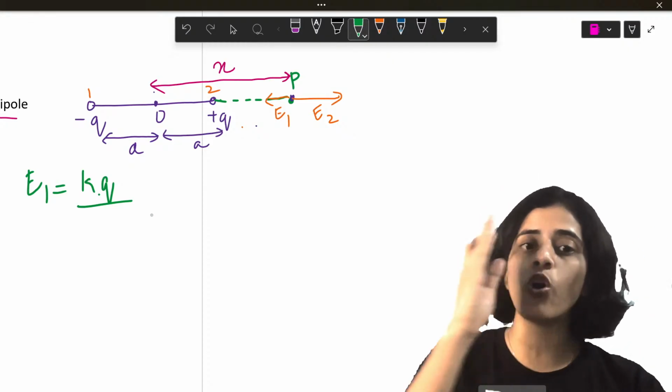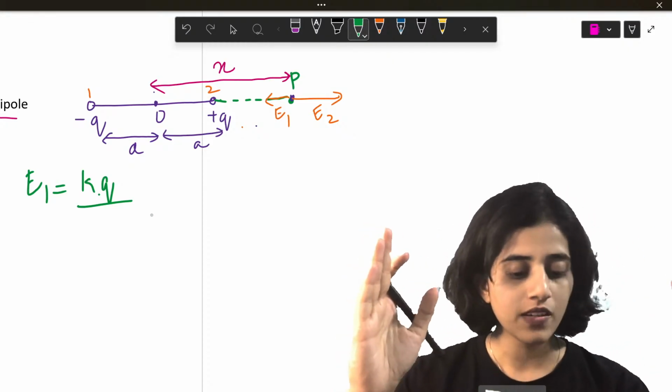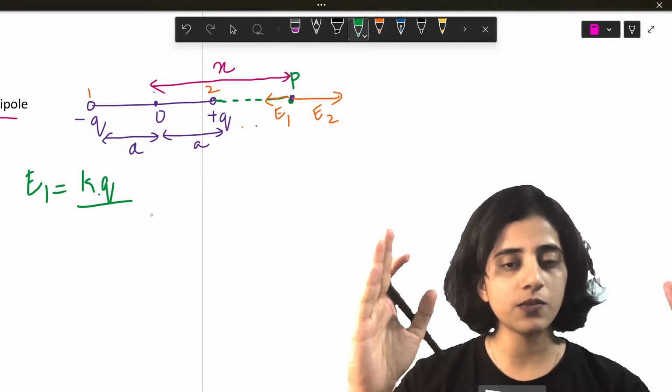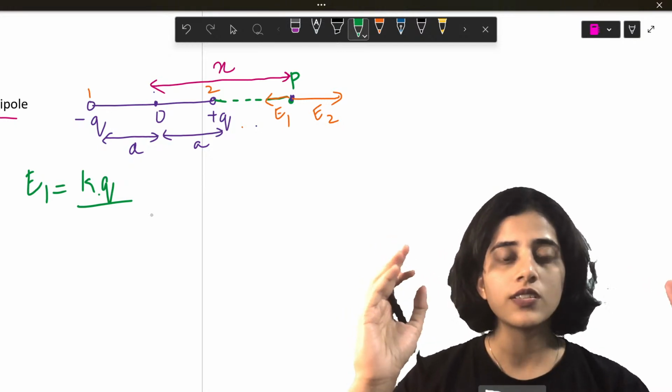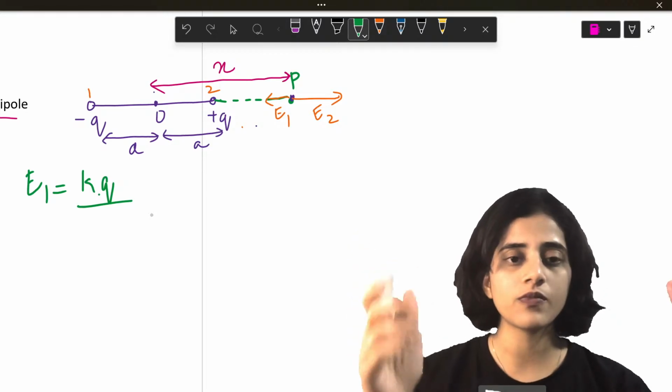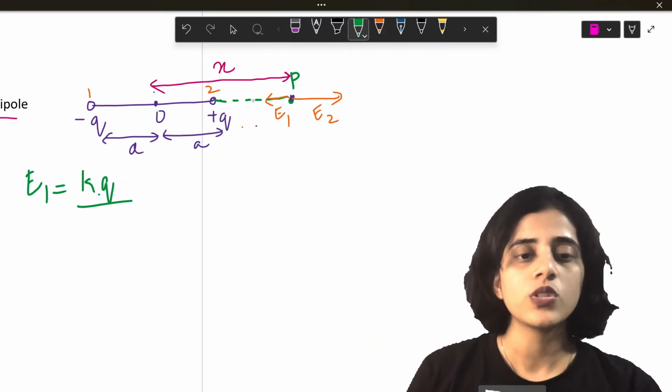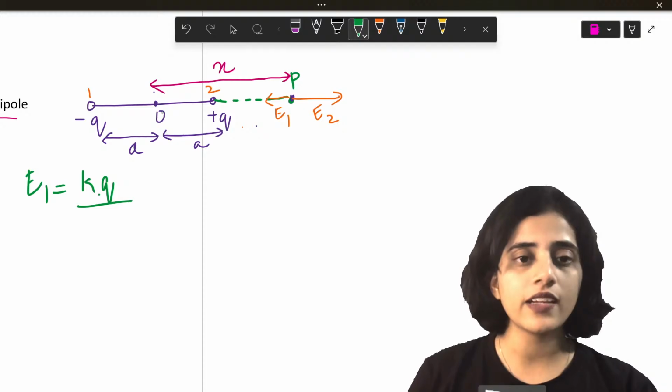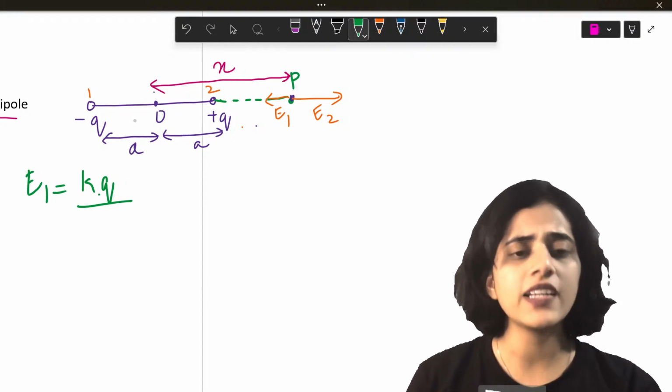From minus Q all the way till P. So, shouldn't it be X minus A?